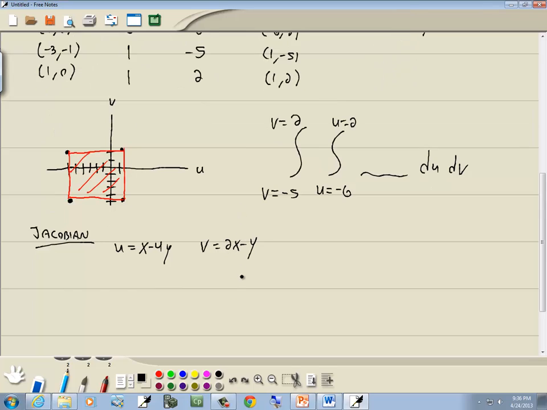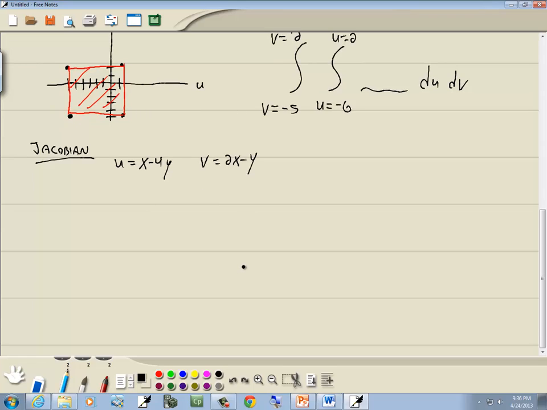Now what we want is x equals and y equals something, in terms of u's and v's. We don't want the x to have a y in it. There are different ways you can do this. You could solve these as a system of equations. You could solve this for y and then plug it into the other one. So let's do it that way.